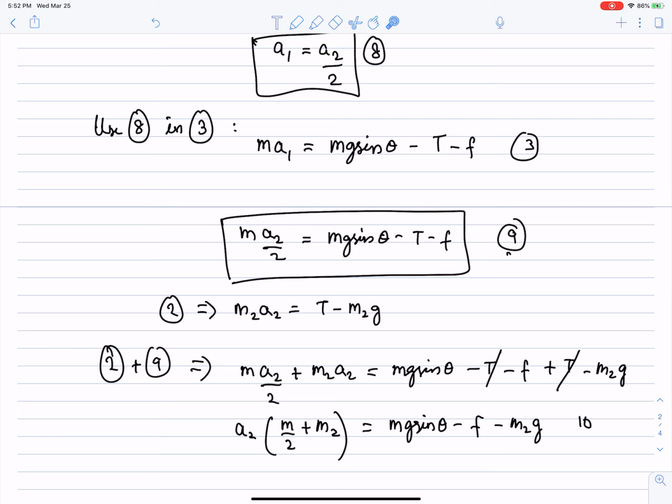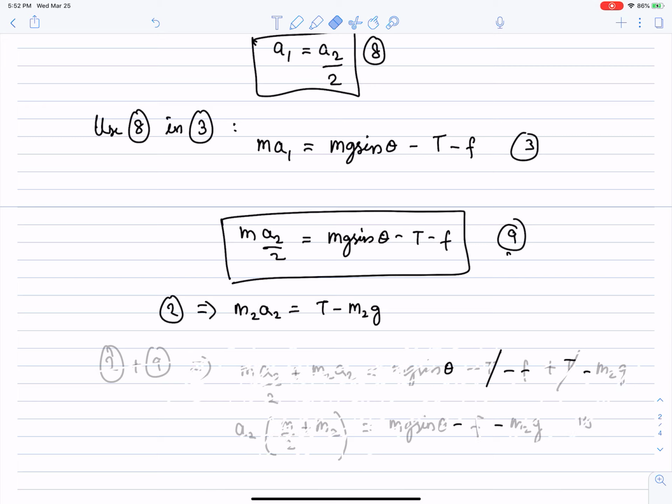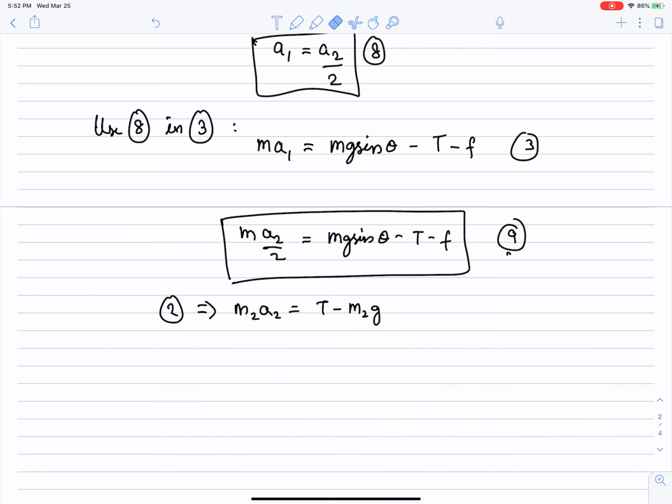Okay, so what I'm going to do is erase the stuff. Okay, magic.